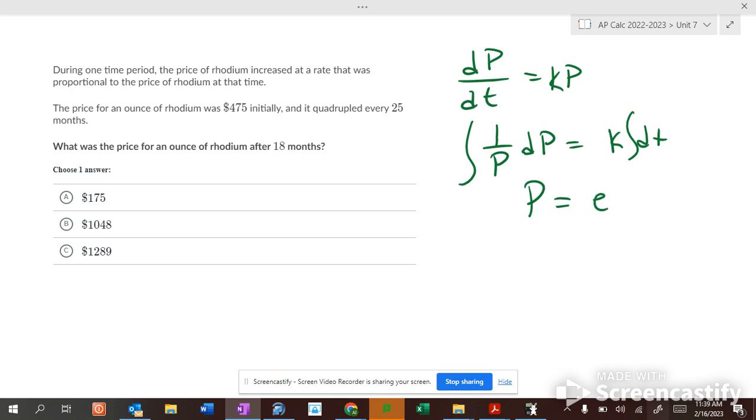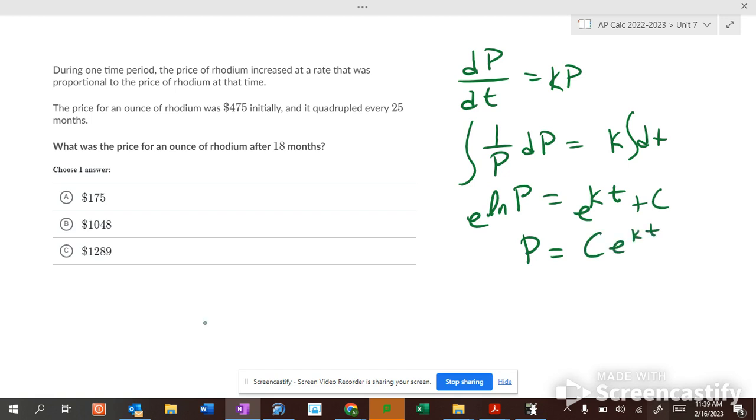So the ln of p equals kt, and then we e both sides. So p equals Ce to the kt. Notice how this is the same pretty much every time.